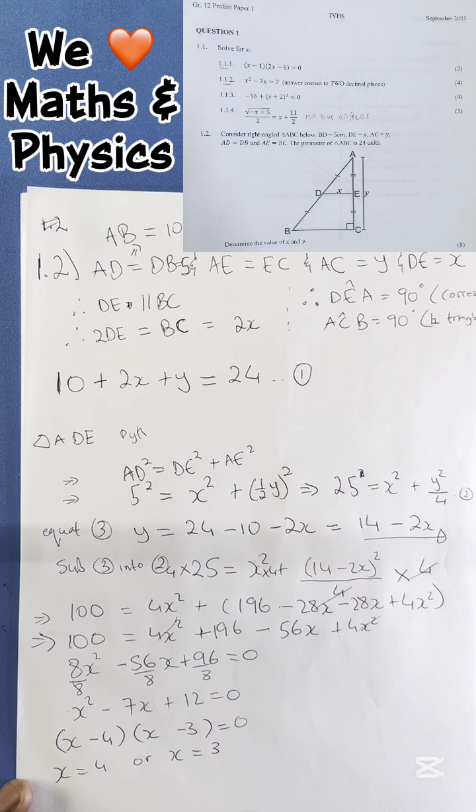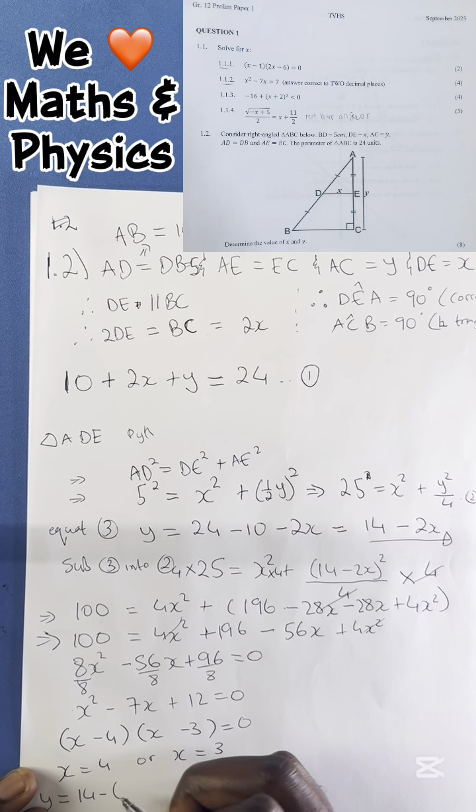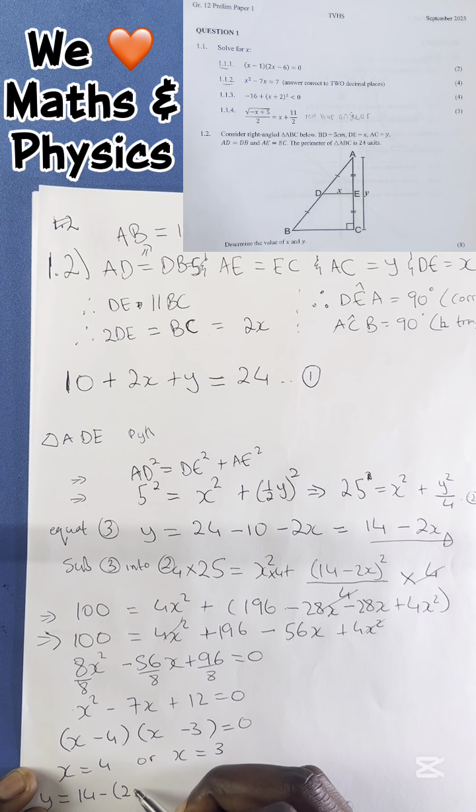So when x is equal to 4, what is y equal to? So let's look at this then. This would be 14 minus 2 times 4.